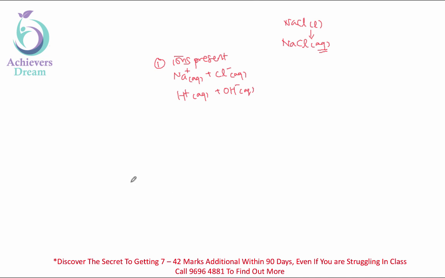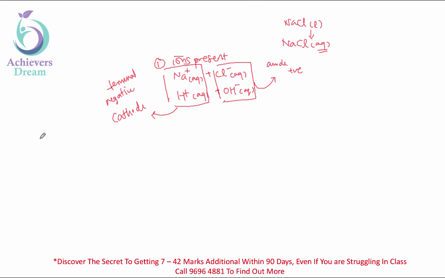Both of these positive ions will go towards the cathode. Why? Because the cathode is connected to the negative terminal, while the anode is connected to the positive terminal, that's why you attract negative ions.